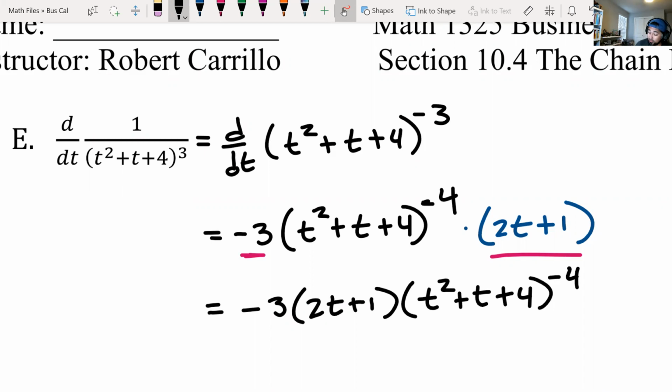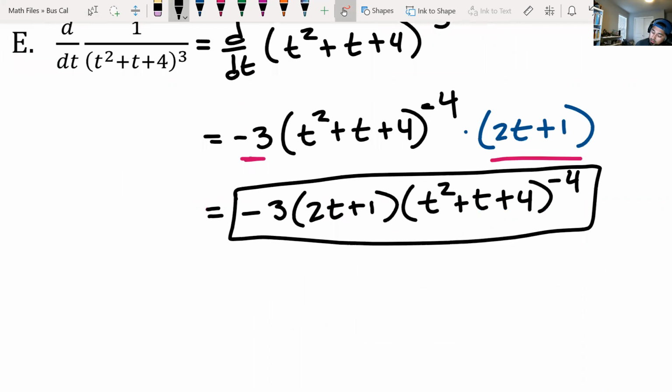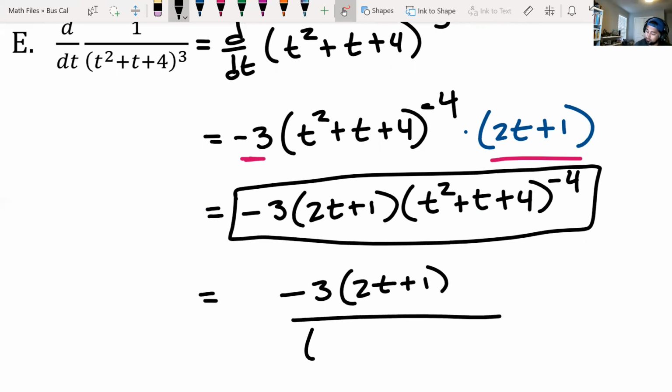I just put them together. So now this can actually be an acceptable answer. Or, once again, our rewrite is going to be negative 3 times 2t plus 1 over t squared plus t plus 4 to the 4th.